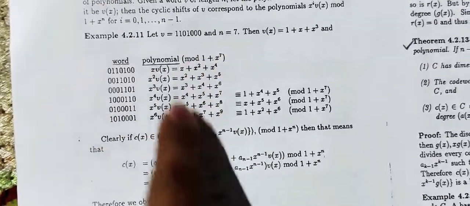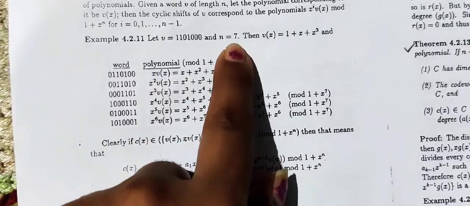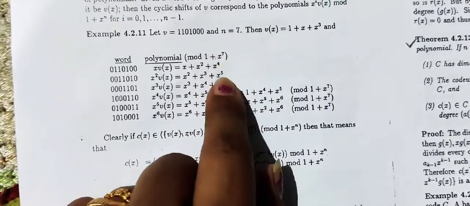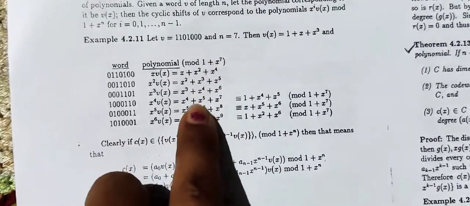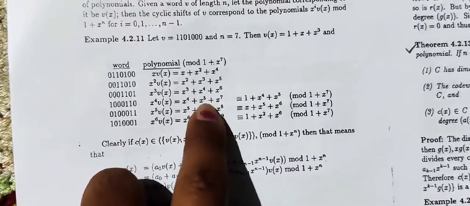Similarly we can take this one. Here n is equal to 7, so we take modulo 1 plus x raised to 7. Here x raised to 4 plus x raised to 5 plus x raised to 7 is this polynomial.